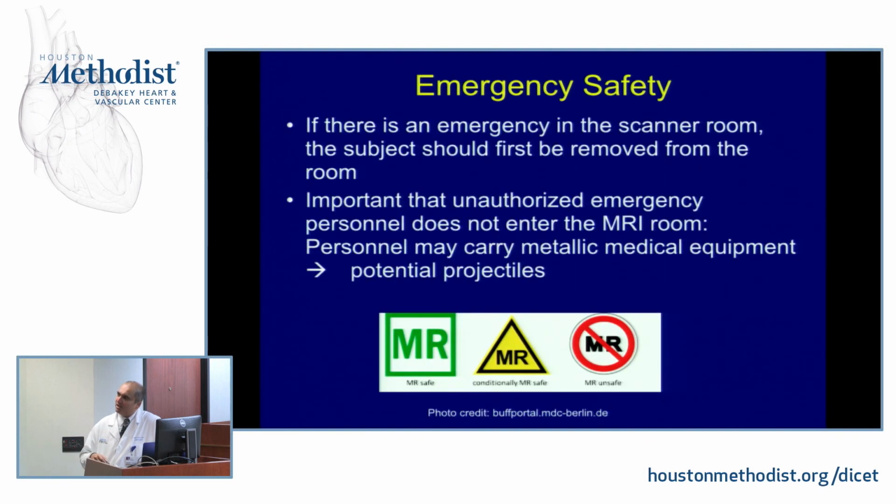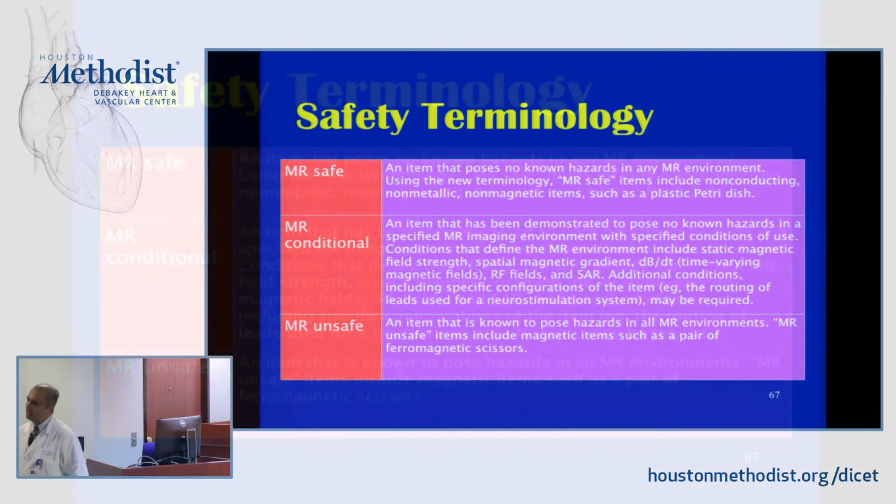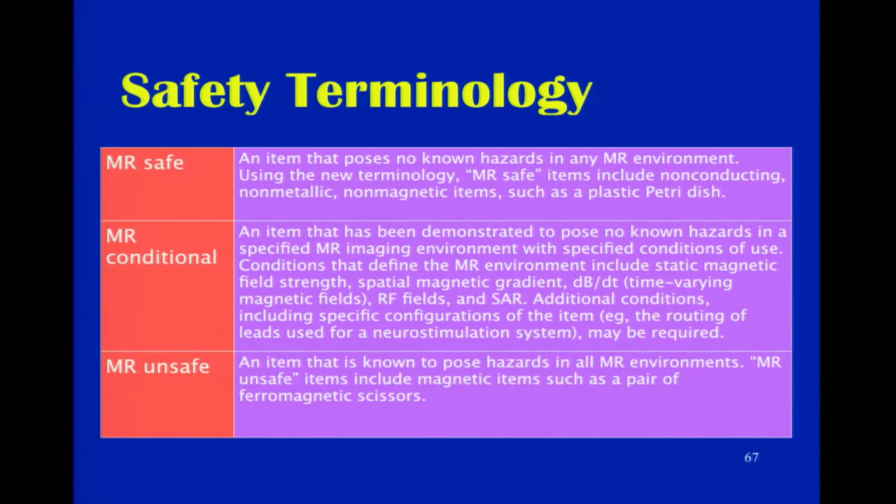Now let's talk about the nomenclature. In the old days there used to be this kind of saying, well, it's MRI safe or it's MRI unsafe. They've moved away from that, and now we've got this three-tiered nomenclature. One is called MRI unsafe, and this is basically something that's known to pose a hazard in the MRI environment.